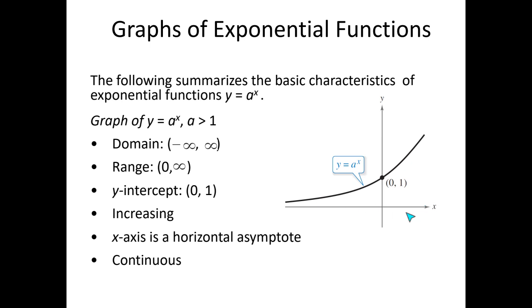And then the range, we're going from 0 to infinity. This is considered an increasing function. And the horizontal asymptote here is the x-axis, which is y equals 0. And our graph is continuous. Okay. But something I want to note here is that the base is greater than 1. And that's important for later.